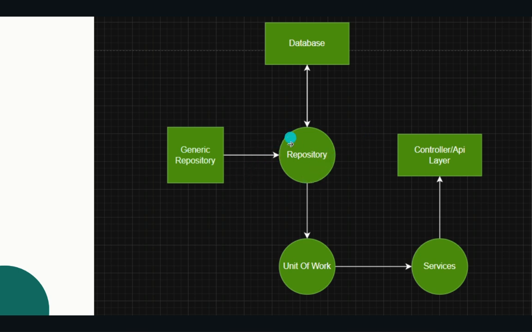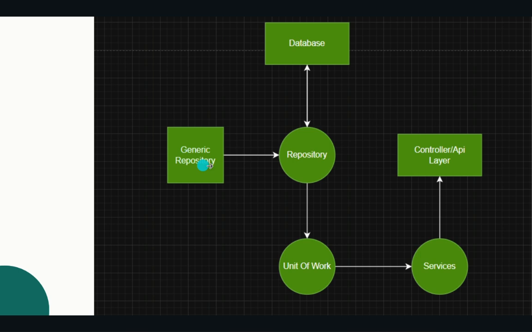The operations seem similar for all of them, so we collect the generic operations in one file. This kind of architecture is very handy when there are lots of tables and lots of models. We pass the model, and all these functions are implemented in the repository layer through the generic repository, right?